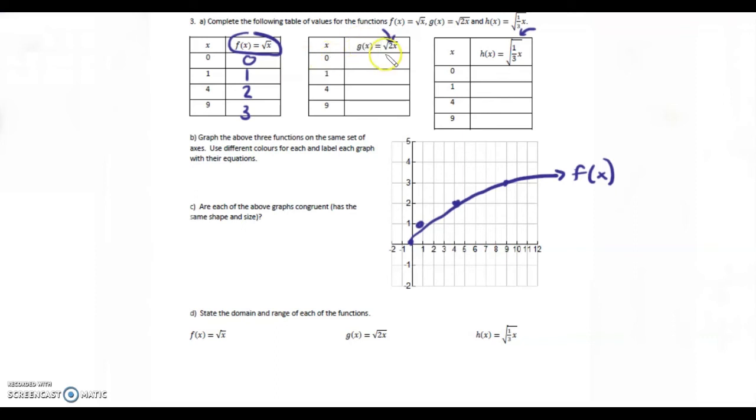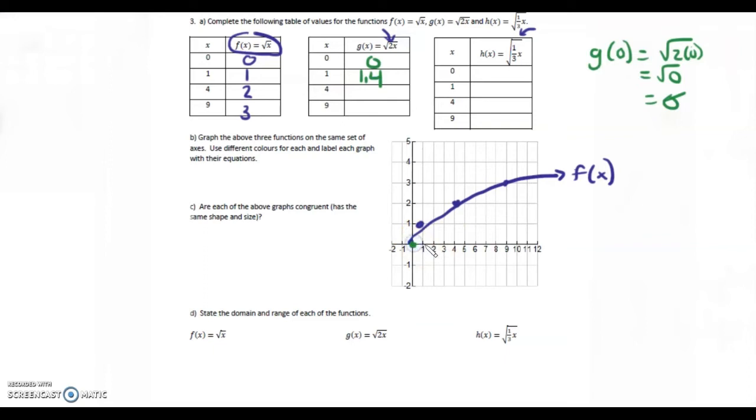Okay, so for g at x, we're going to go root 2x under that root sign. So if we put g at 0 equals root 2 times 0, the root of 0 is just 0. Okay, and then if we put a 1 in there, we would have root 2, which is about 1.4.